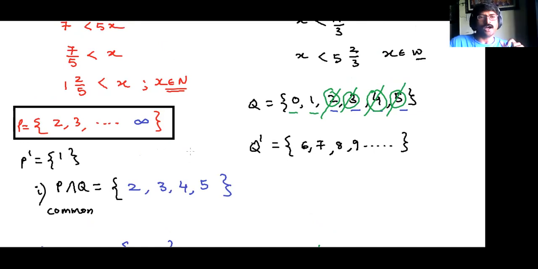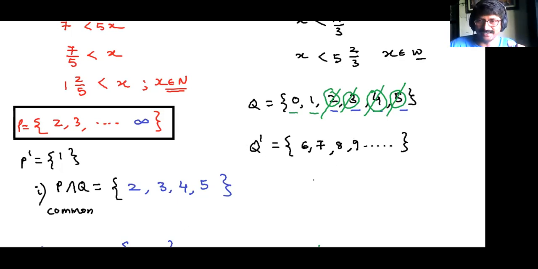I hope you understood how I found P complement and Q complement. P complement is everything from the natural number set except P. Q complement would be all the elements from the whole number set except Q. I hope you got the concept perfectly.